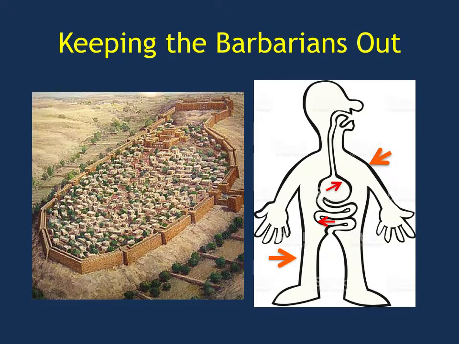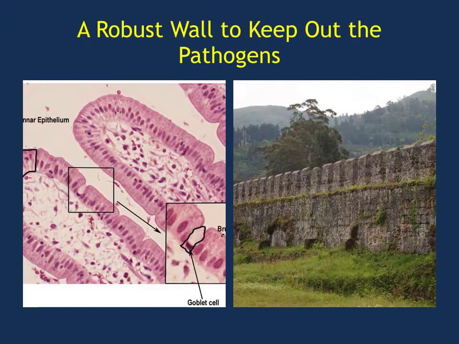This defense barrier extends throughout all our orifices and passageways that are in contact with the outside world and therefore are at risk from hostile elements. For the gastrointestinal tract, the columnar epithelial cells provide a robust wall to keep out the pathogens that are ever present in the lumen of the bowel.